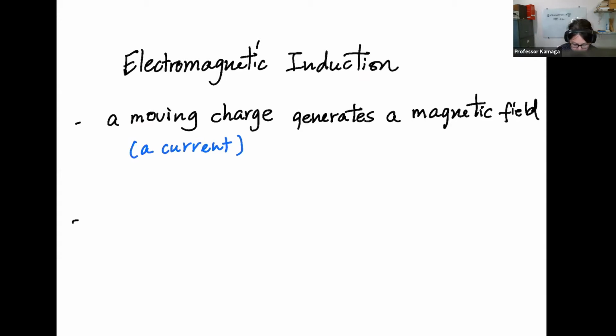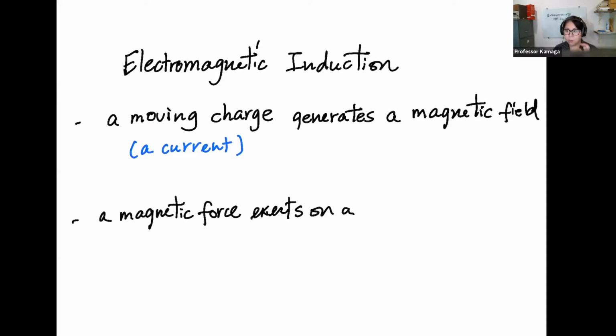And we also saw a magnetic force exerts on a moving charge. So we saw the relationship: moving electrons generate a magnetic field, and a magnetic force is applied on the moving electric charge. So we see the crossover, electromagnetism, right?